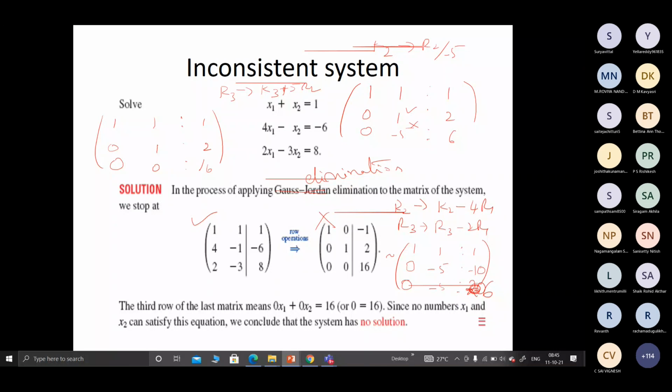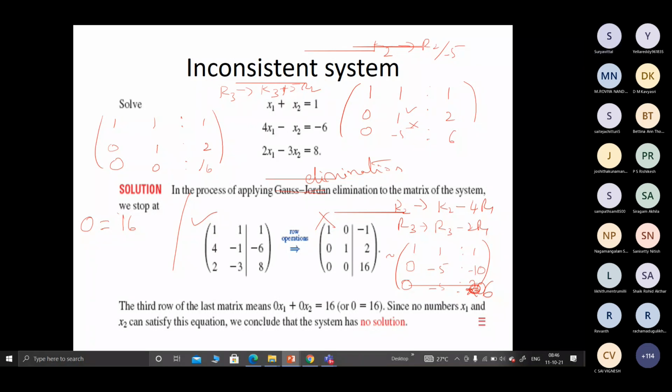Okay. Now the situation is, if you want to write the system from this matrix, what will be that? Can anybody tell me? 0 equal to 16. That's what you are going to get. 0x1 plus 0x2 equal to 16. That means you will get 0 equal to 16, isn't it? So is it possible? 0 equal to 16? No, sir.